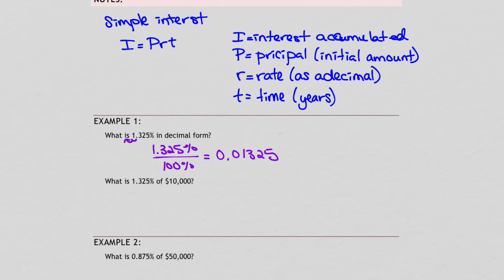And it asks, well, what is 1.325% of $10,000? Well, we would take 0.01325 and multiply it by $10,000.